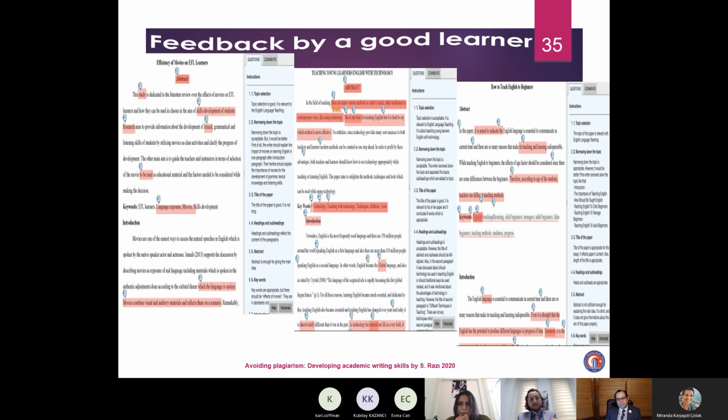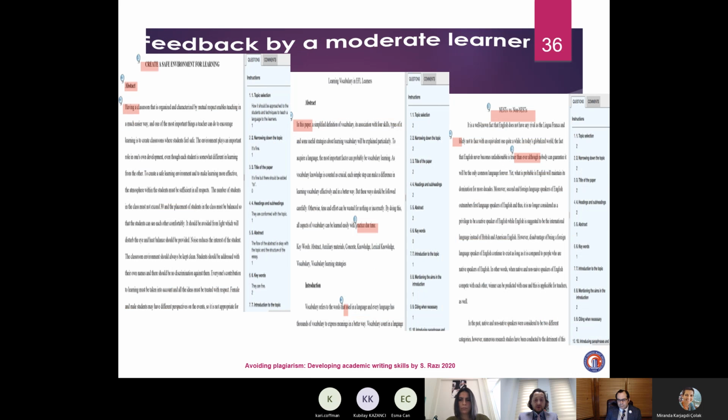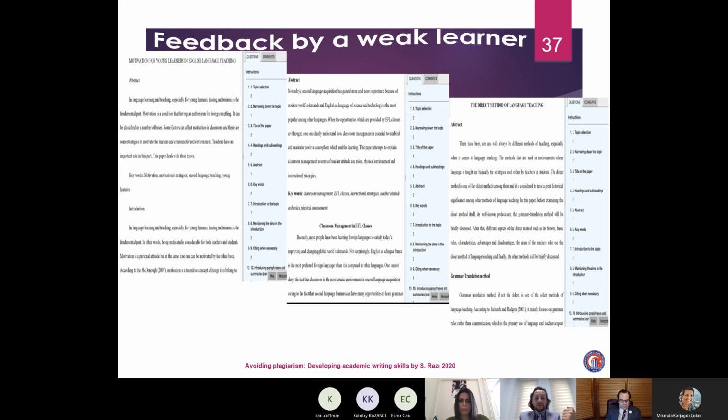For example, you see feedback provided by good learners, good writers. However, when it comes to moderate ones, you see less interaction with the text. Or when it comes to poor or weak ones, then almost no interaction with the text.